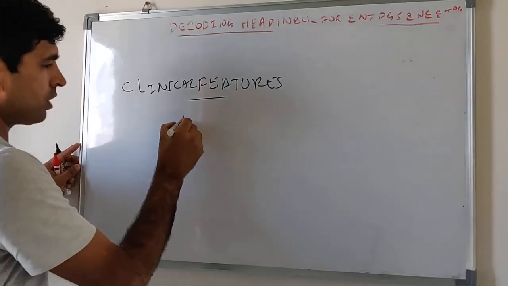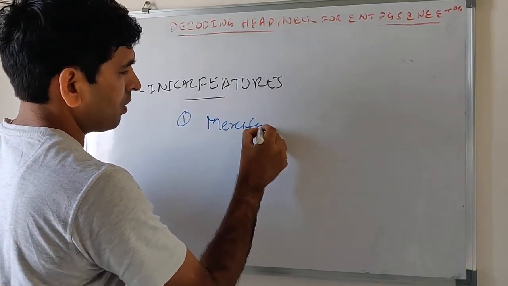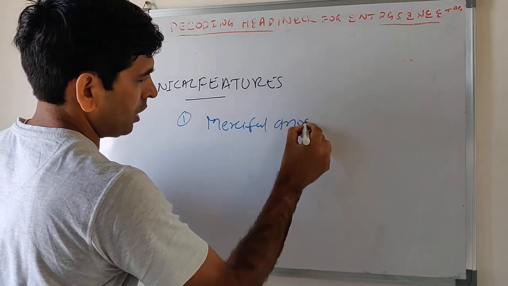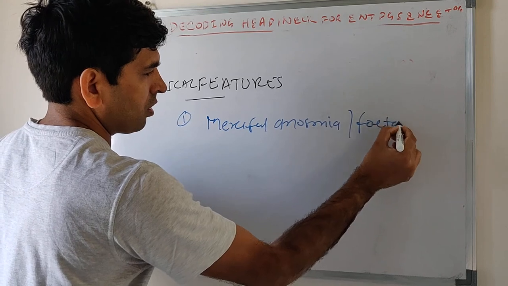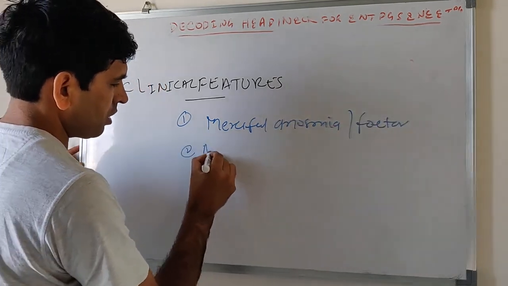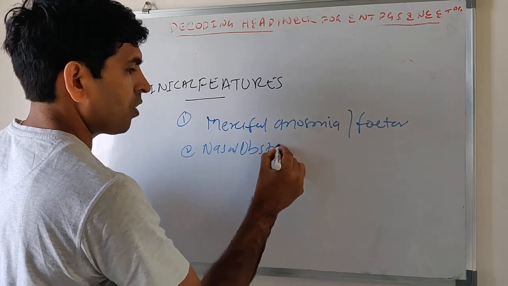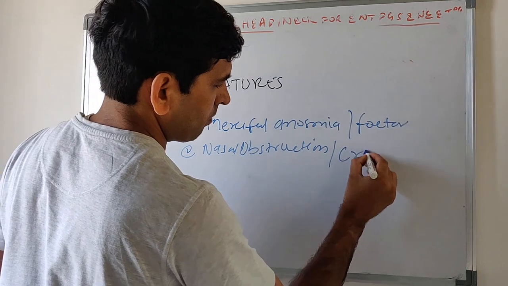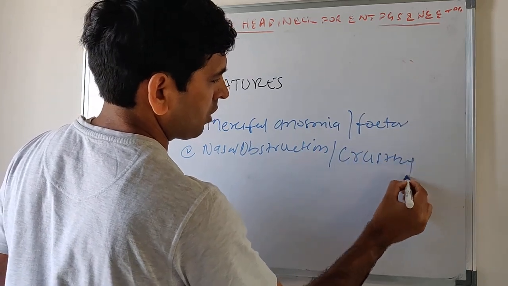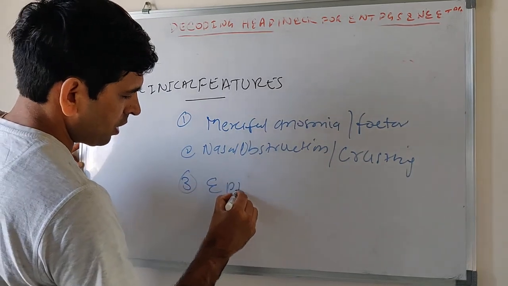Already I told you there is merciful anosmia, or fetor. There is nasal obstruction due to crusting. If we remove the crust, there will be epistaxis.